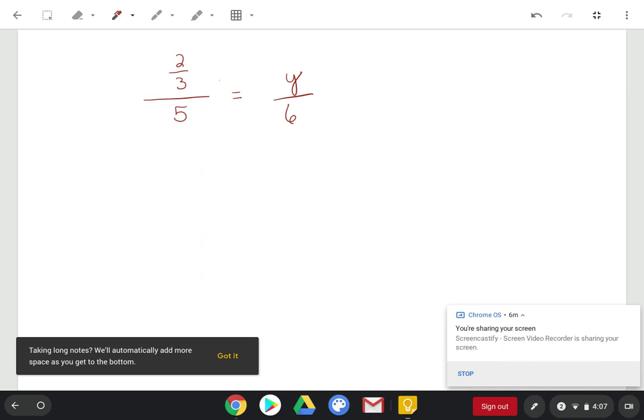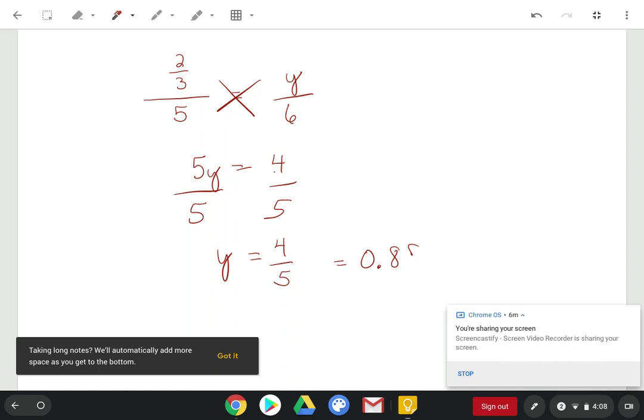I need to cross multiply. I have 5y is equal to 2/3 times 6 is 4. Divide both sides by 5. And I have y is equal to 4/5. And you can also write that as the decimal 0.8. And that's our answer. Good luck.